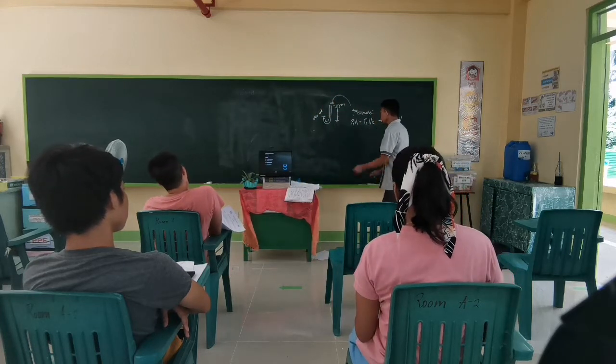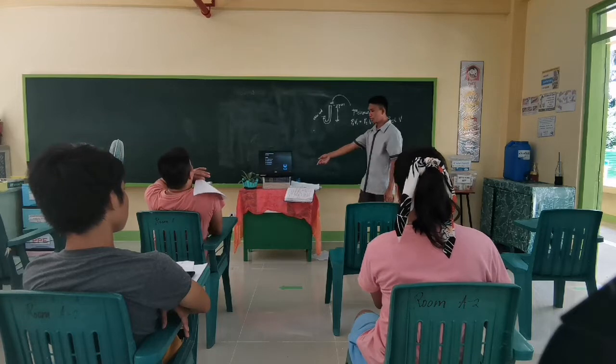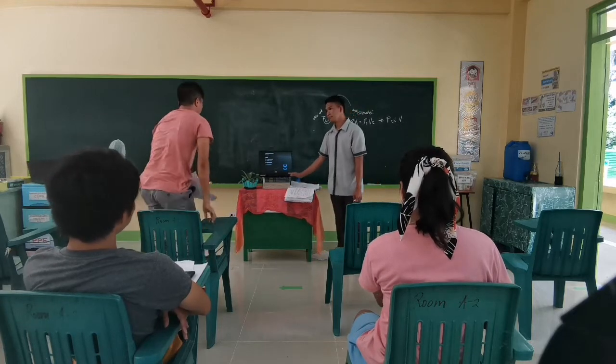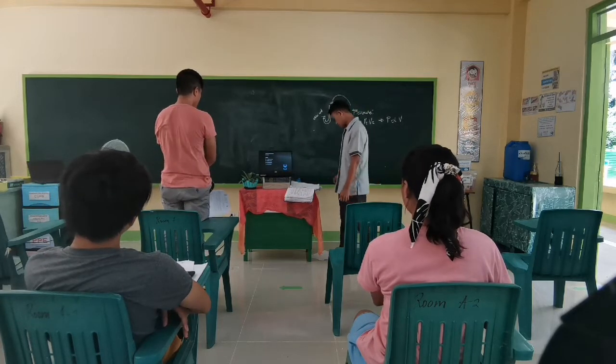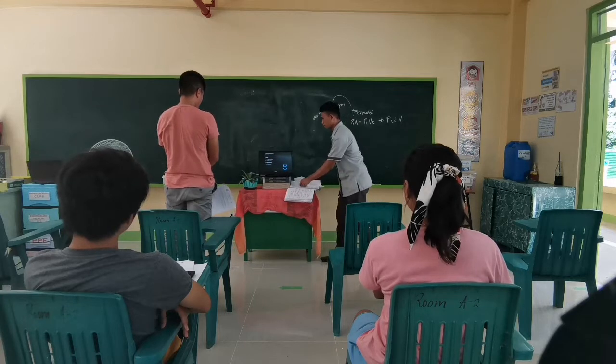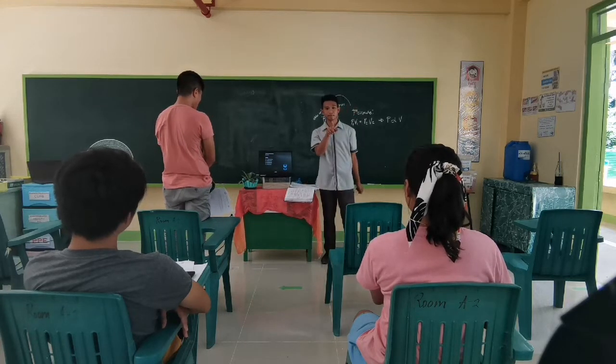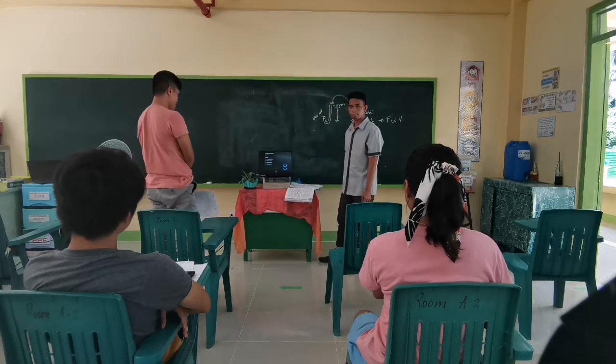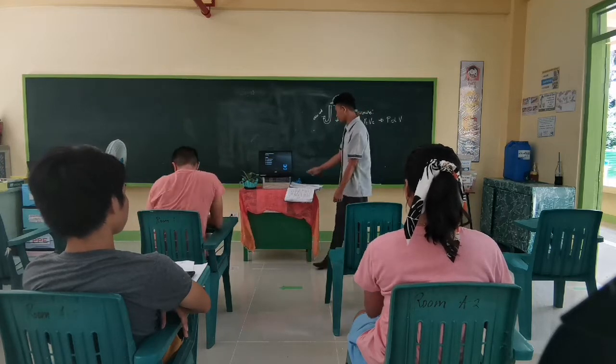So, what does P1 stand for, sir Ryan? P1 is the initial pressure, V1 is the initial volume, P2 is the final pressure, and V2 is the final volume. Okay, very good, sir.